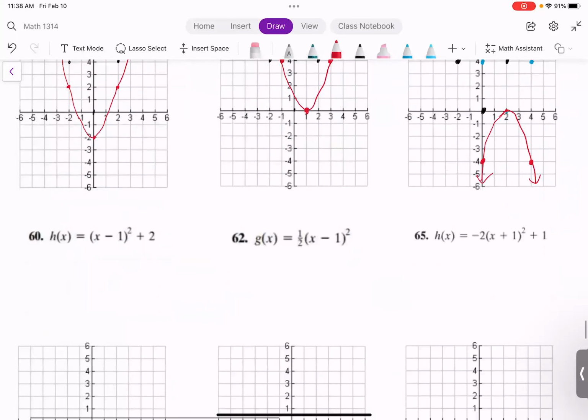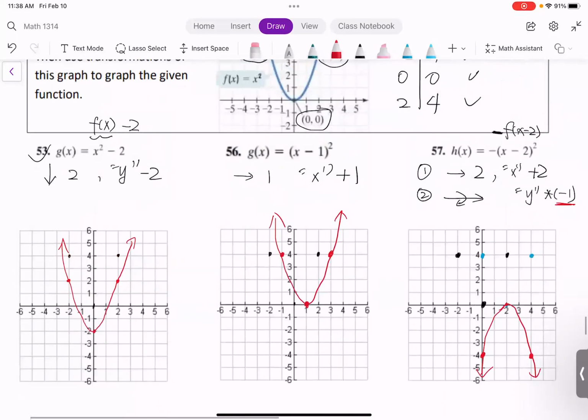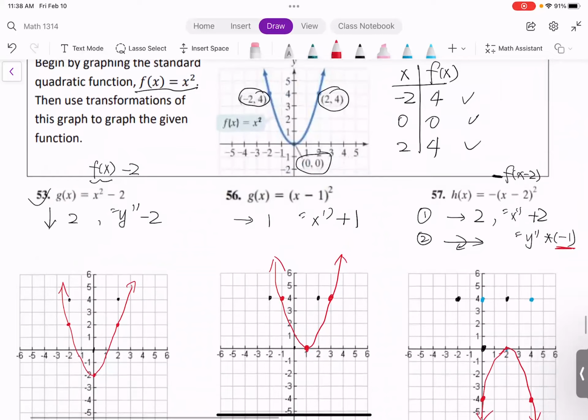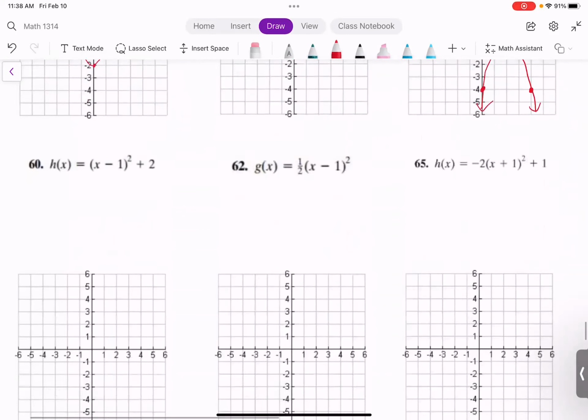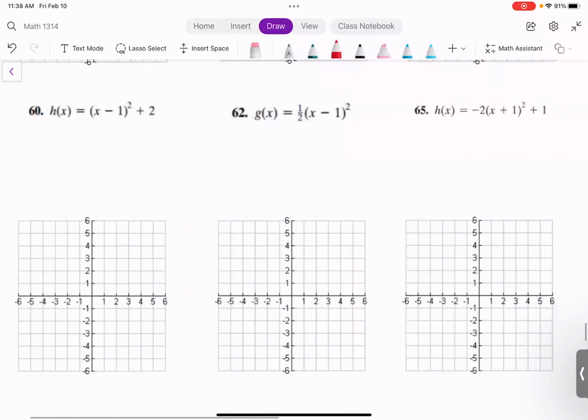Okay, let's see more examples. We must memorize the 3 key points. So we can put the key points here. Let's use blue color. Here is x, here is f of x. They are -2, 4, 0, 0, 2, 4.